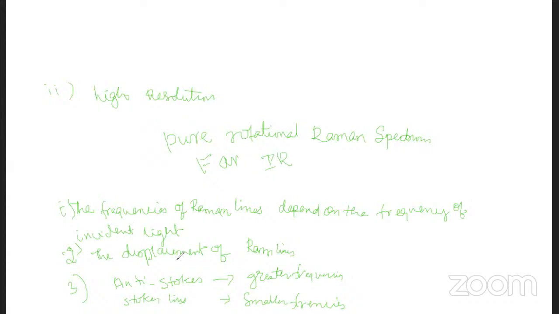The second one is about the displacement of the Raman lines from the original line. The displacement of the Raman lines from the original line is dependent on the nature of the scattering substance, but it is not dependent on the frequency of the incident light.